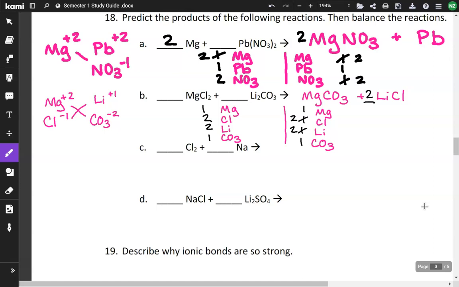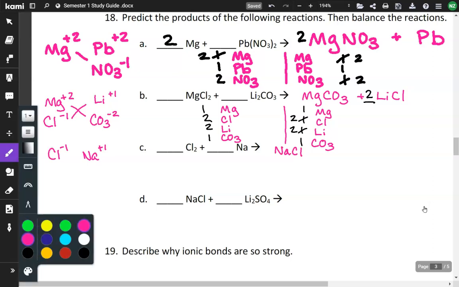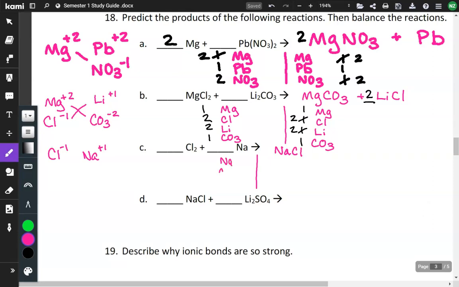We are replacing 2 things here. We have chlorine, which is minus 1. We have sodium, Na, which is plus 1. So this will just be NaCl, cation first. So split it in half, NaCl.